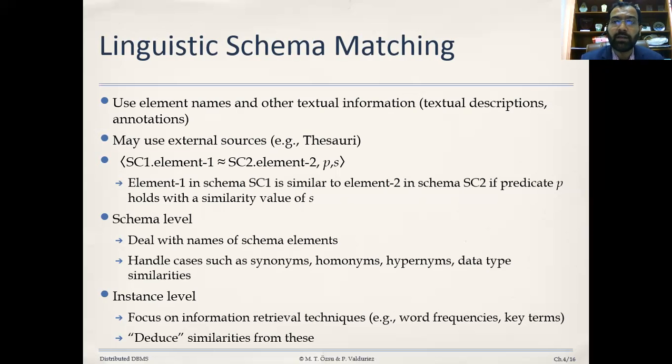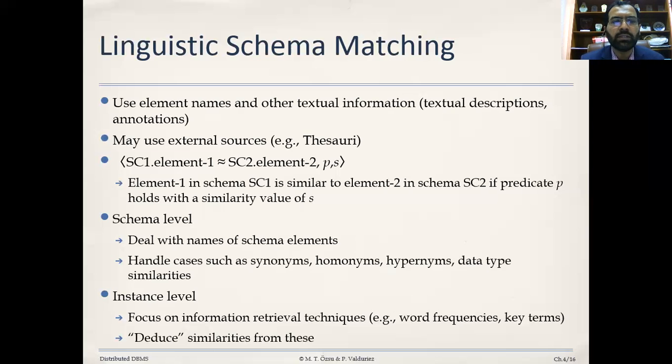Here we're not talking about the web, but if we are interested in linguistic schema matching approaches, we can integrate external sources such as thesauri or various corpora which are available universally. So we can integrate those corpora and thesauri for matching those textual information, if you are going for the linguistic matching approach.